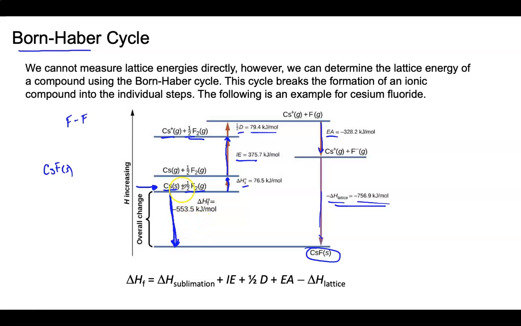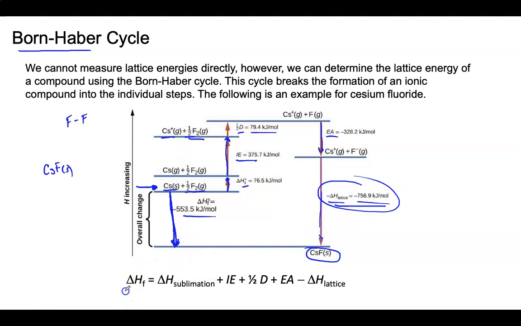This route, straight from cesium metal and fluorine gas down to cesium fluoride, isn't what really happens. It actually has to go all the way up and around. Okay? We know this because it's measurable. We know all the other ones because they're measurable. The lattice energy is not measurable. But because this is a full cycle, we can use all of these to calculate this.